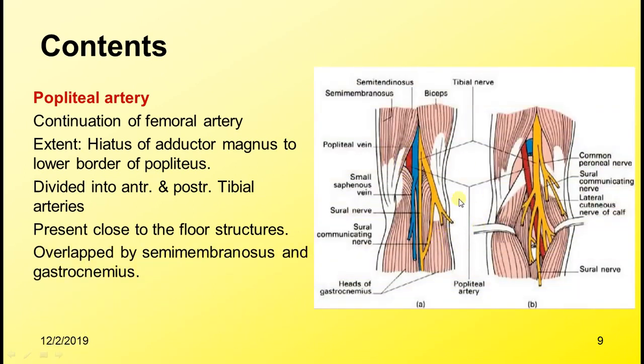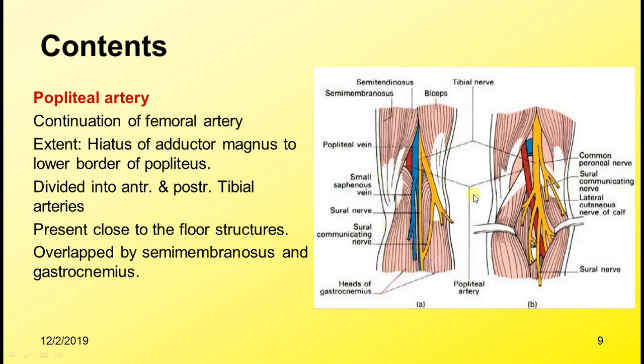Now if you look at the relations of the popliteal artery from above downwards, the deep relations are going to be your floor structures, mainly your popliteal surface of femur, your oblique popliteal ligament and fascia covering the popliteus muscle.